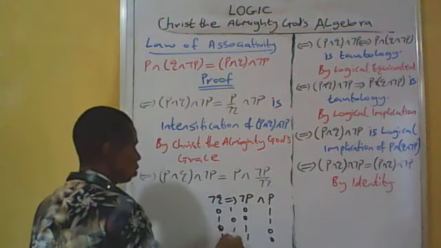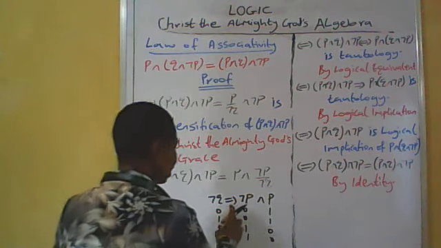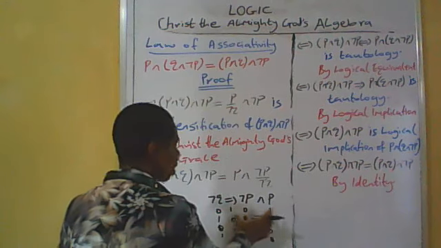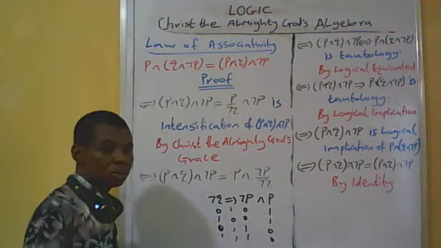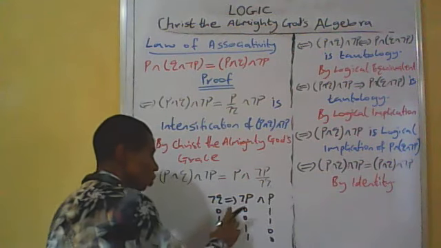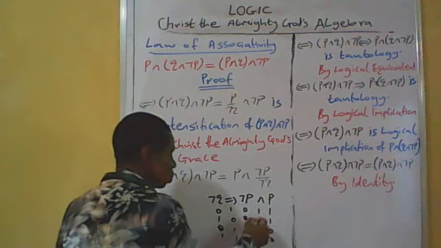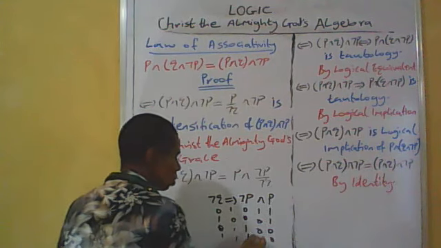Here is true, here is true. So the two conjuncts, you can obtain true when the conjuncts are true. Here is true, here is false, it's false. Here is true, here is false, it's false.